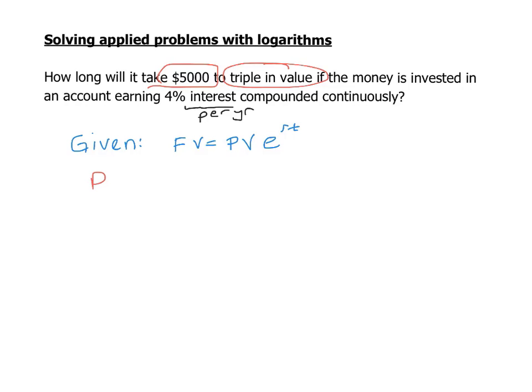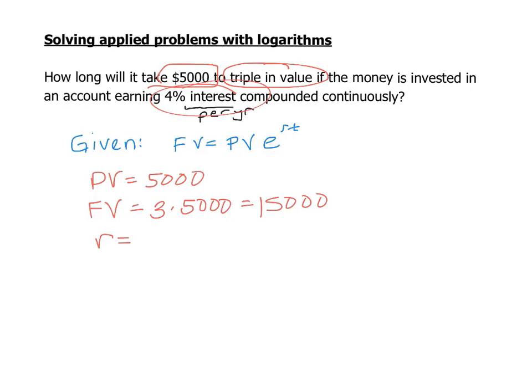So we're starting out with a present value of 5,000 and the future value is going to be triple that. It's going to be 3 times 5,000, which is 15,000. We also know that our interest on our account is 4%, so our R is 0.04.